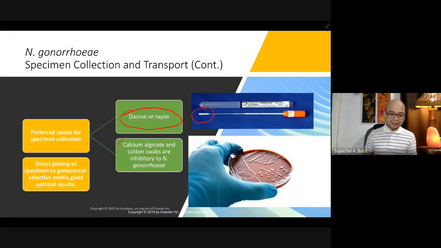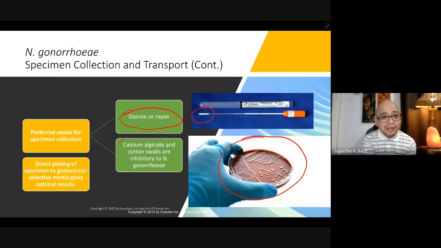Calcium alginate and cotton swabs are inhibitory to the growth of Neisseria gonorrhoeae. And then we plate the sample directly to selective medium, gonorrhea selective medium. Later on, we will be discussing the selective media that we can use for culturing Neisseria gonorrhoeae.